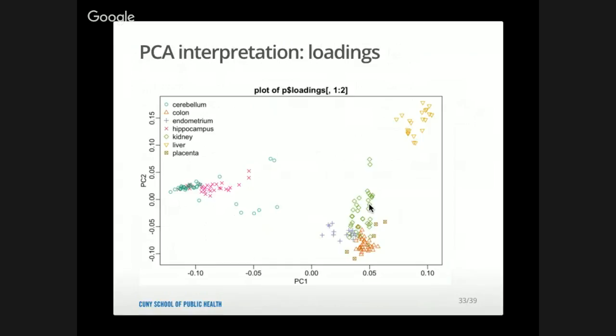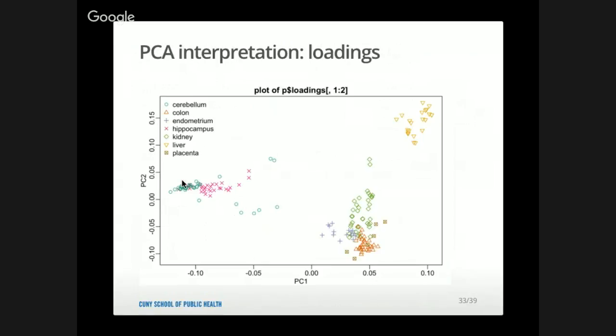This is just the first two columns of that V matrix. And literally all I did was take the loadings element of this prcomp output and plot the first two columns. And then I changed the colors and the data point types according to tissue.